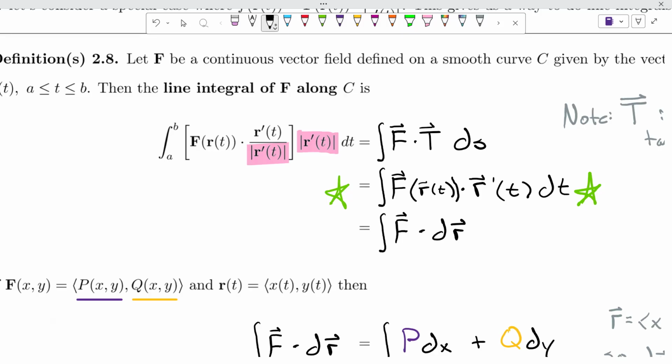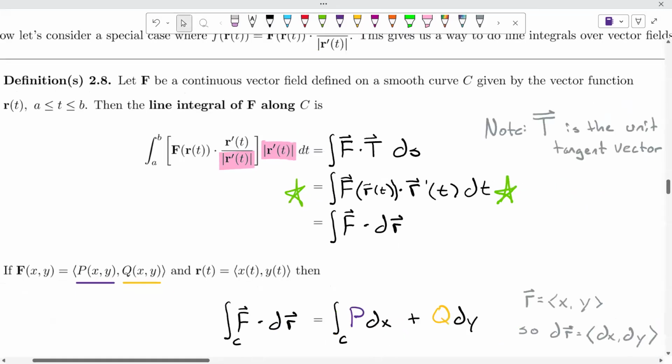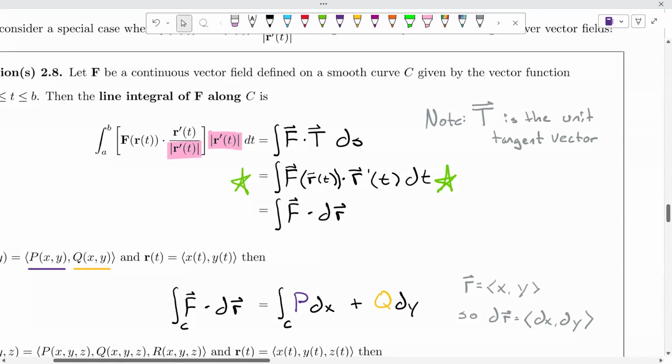So yeah, we're going to take the dot product of our field with just the tangent vector for the curve that we've parameterized. No need to actually calculate the magnitude of that tangent vector, at least not right now, because again, I'm going to have a magnitude in the numerator and a magnitude in the denominator. So as several people are fond of saying, those two should just cancel. It does have a few other forms though.